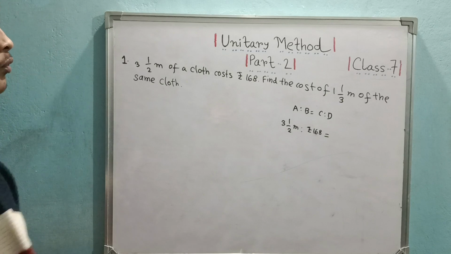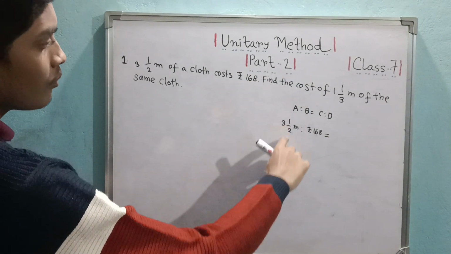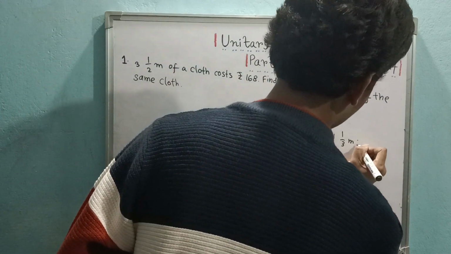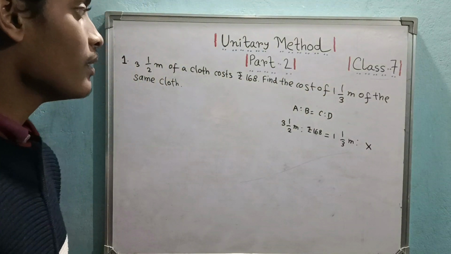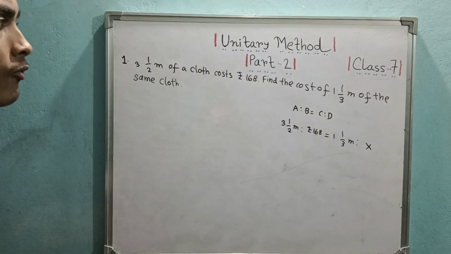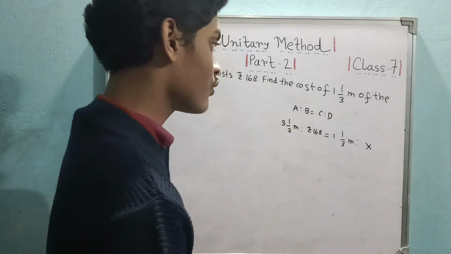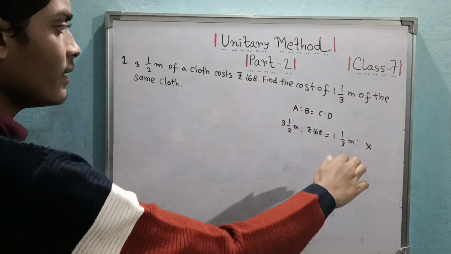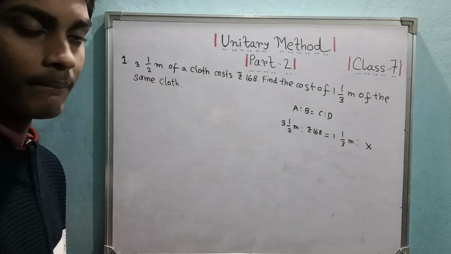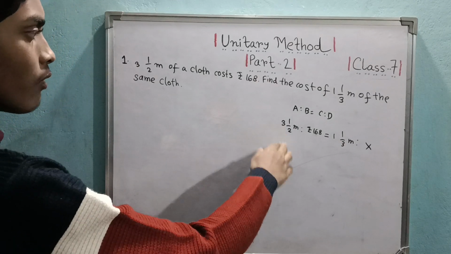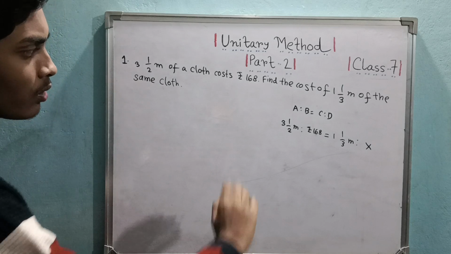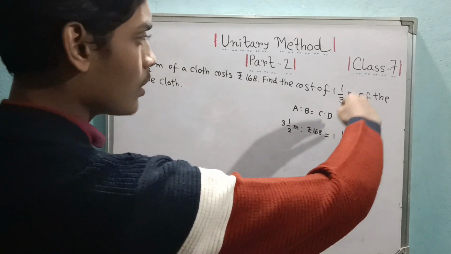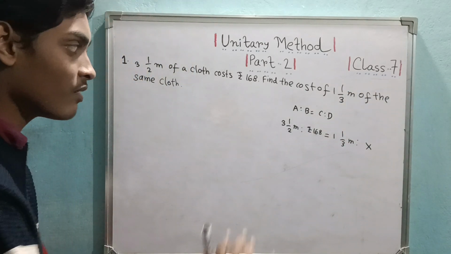They are asking us to find the cost of 1/3 meter. 3 1/2 meter costs this, so 1/3 meter will cost X. If it is in the form A is to B equal to C is to D, then A and C are the items and B and D are the magnitudes or quantities. So first, 3 1/2 meter of cloth costs this much, then 1/3 meter of the cloth will cost X. This is the way to do it.